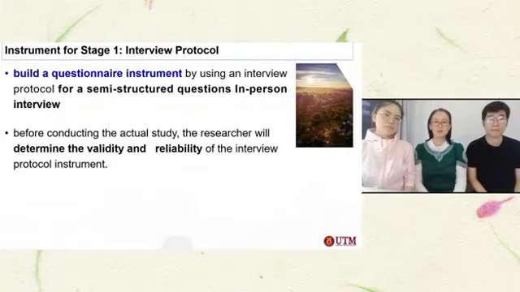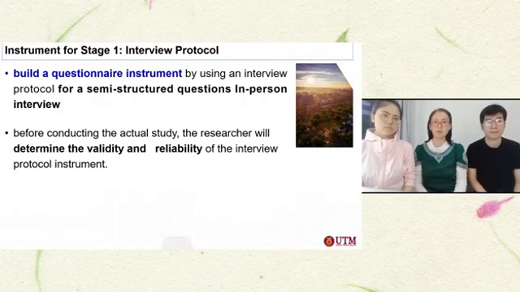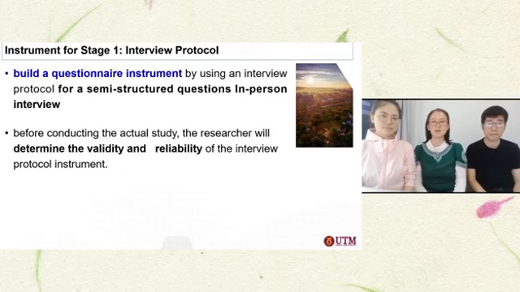In general, for the stage 1 interview protocol, we are going to build a questionnaire instrument using an interview protocol with semi-structured, in-person interview questions. Before conducting the actual study, we will determine the validity and reliability of the interview protocol instrument.